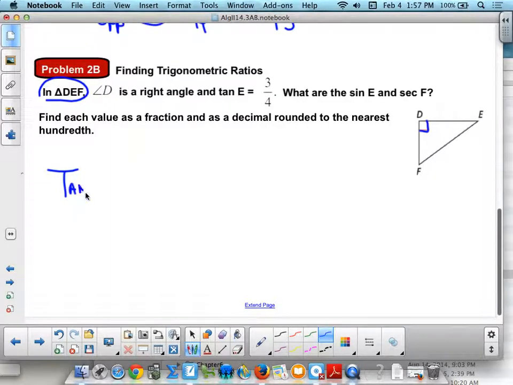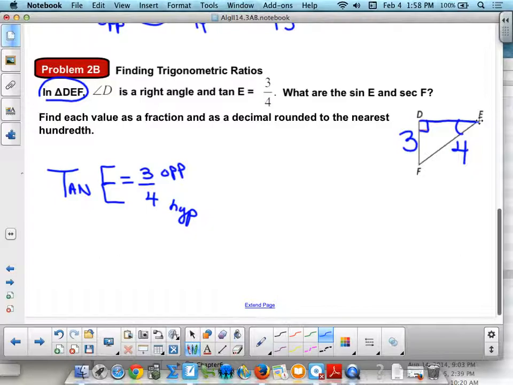Opposite over adjacent, 3 fourths. So does that tell you anything about where to put the 3 and the 4? Angle E is right here. The 3 goes opposite of angle E, so that would be here. Where's the hypotenuse? 4. That'd be here. You got a problem.